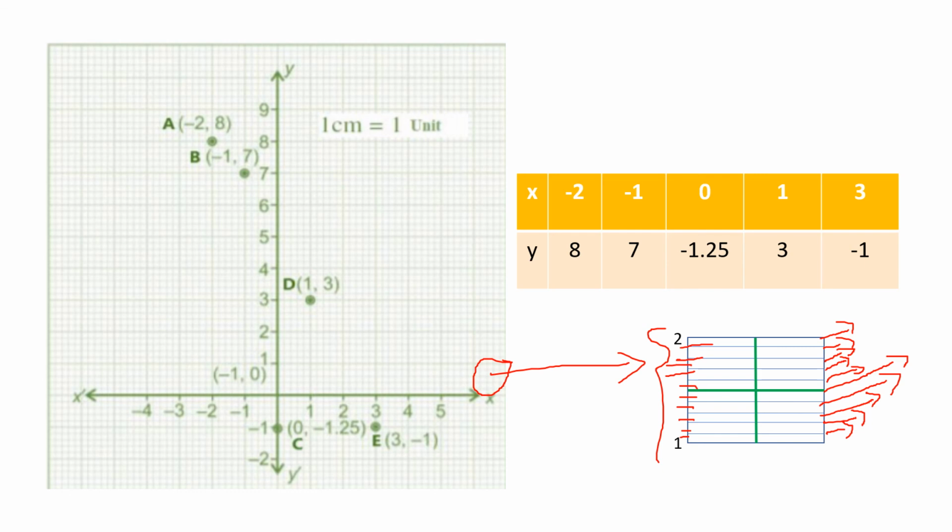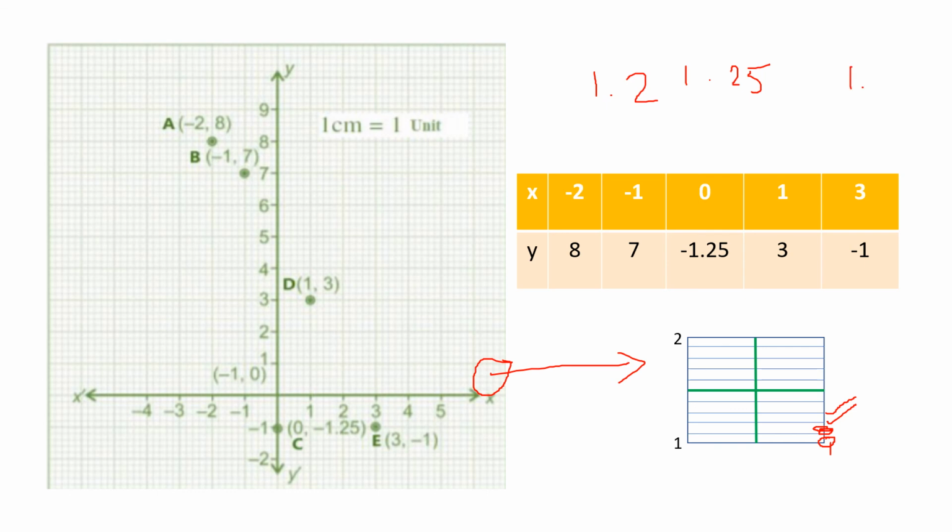So when you count, you can see that this is 1, this one, right? And this is 1.1. Then we have 1.2. Then we have 1.3. So definitely 1.25, it lies between which number and which number? 1.2 and 1.3, right?